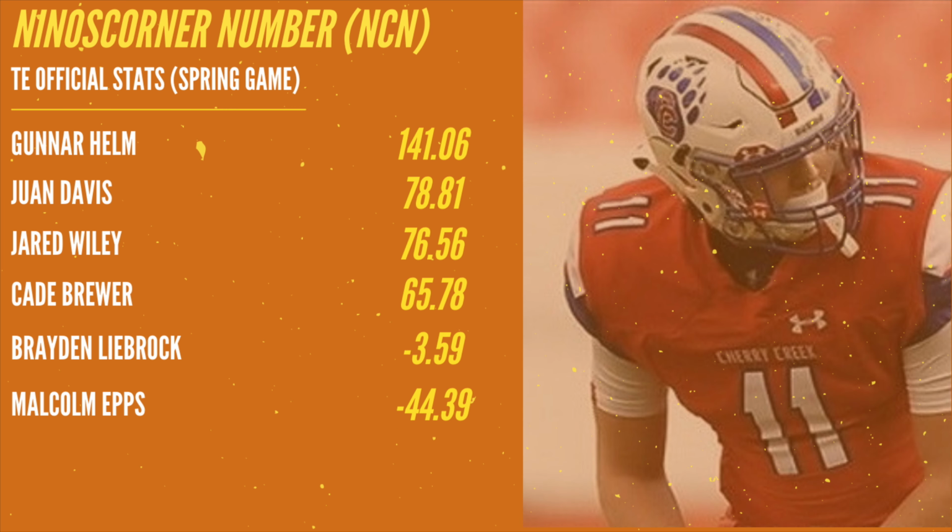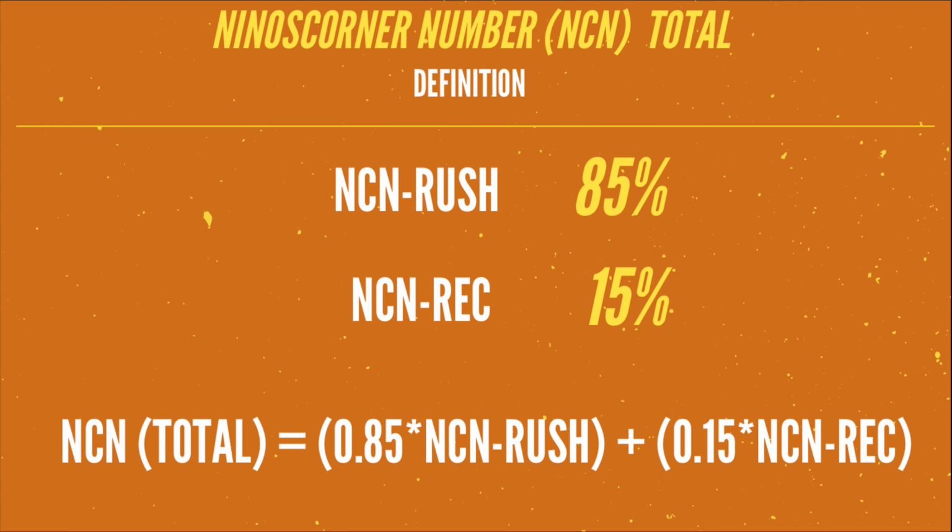And now we're going to go into the running back position. All right, folks, for the running back positions, we actually calculate an NCN total, right? So the NCN total is the combination of the NCN rushing and the NCN receptions. So it's 85% NCN rushing plus 15% for the NCN receptions, and that gets you the NCN total for a running back.